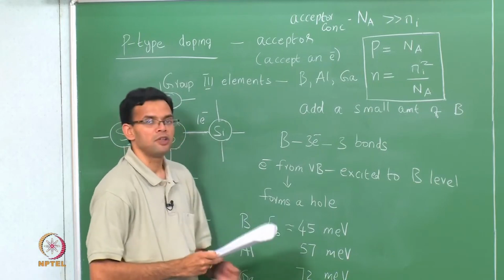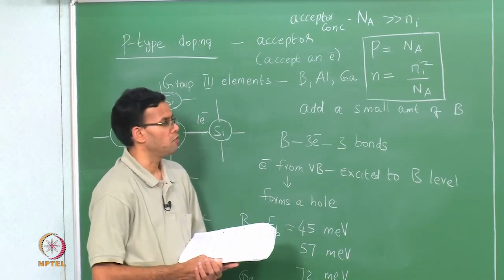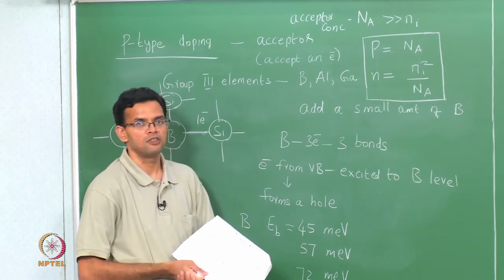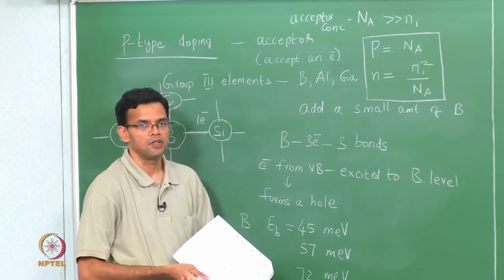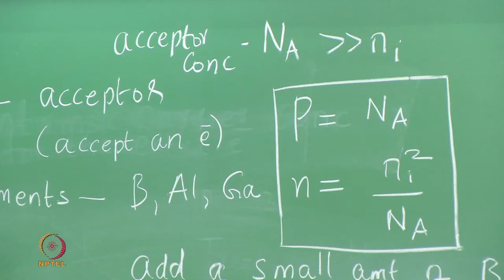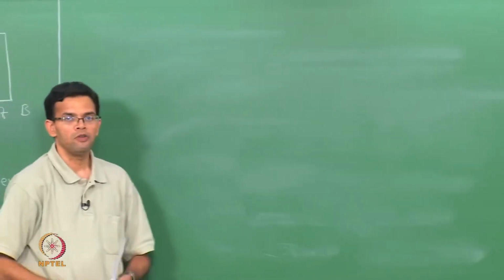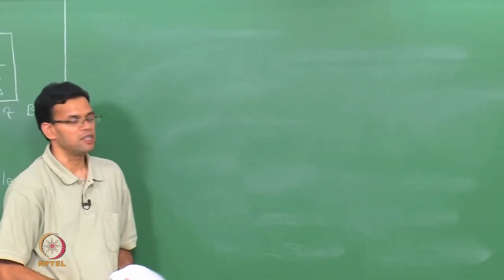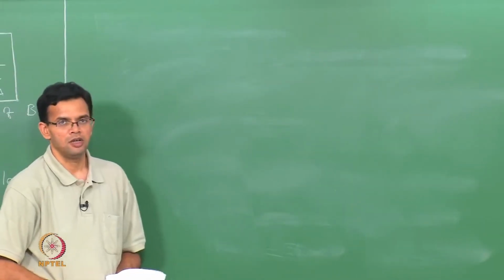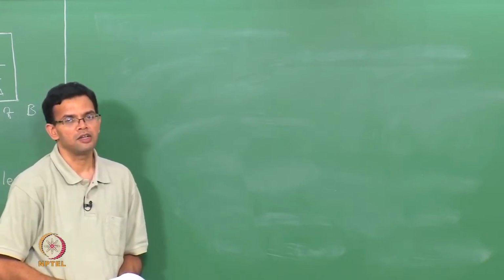Let us actually put in some values now and try to calculate the electron and hole concentration and the conductivity. One of the reasons for doping is to increase the carrier concentration and to also increase the conductivity.